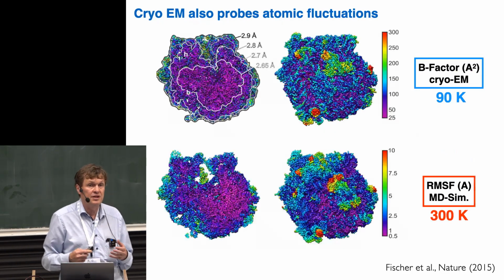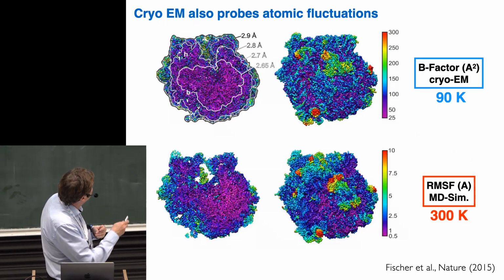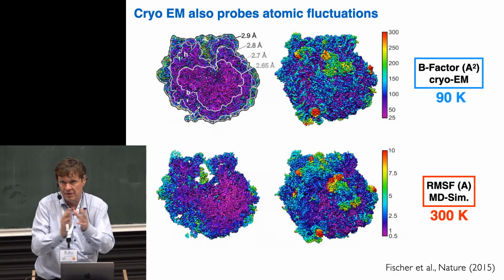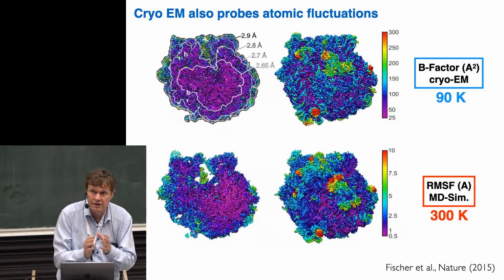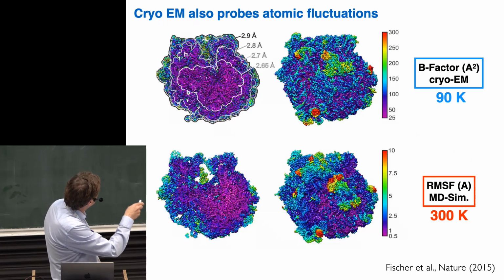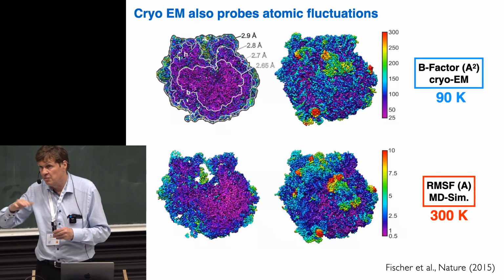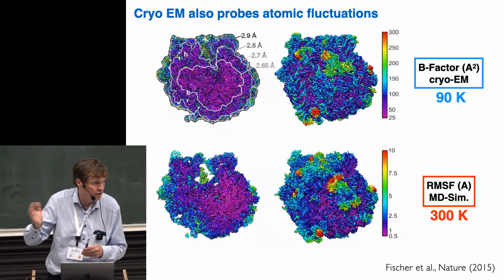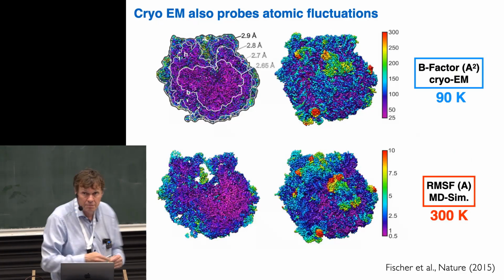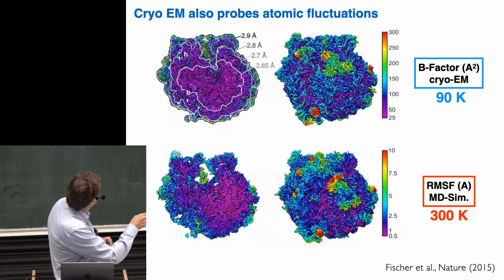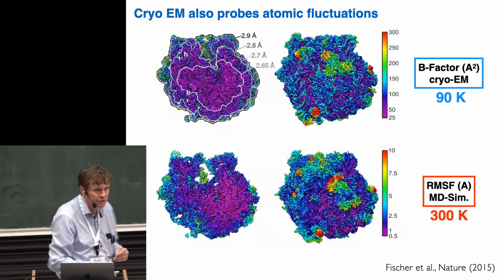An indication that it is quite a bit is if you compare the B factor, that is how much motion or structural heterogeneity is seen in the cryo-EM. That's the colors here. When you compare this with the amplitudes of the motions you see in the molecular dynamics simulations, you see a certain correlation, albeit not perfect, right? There are also regions which seem to move in the MD, but are not so much preserved in the cryo-EM.